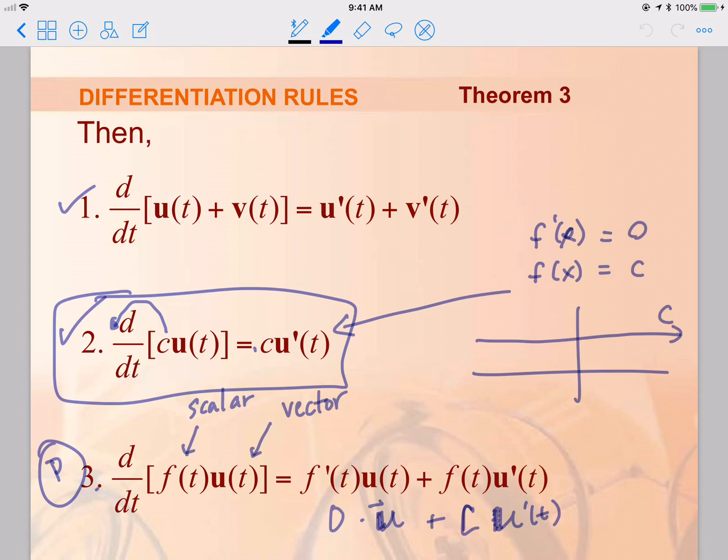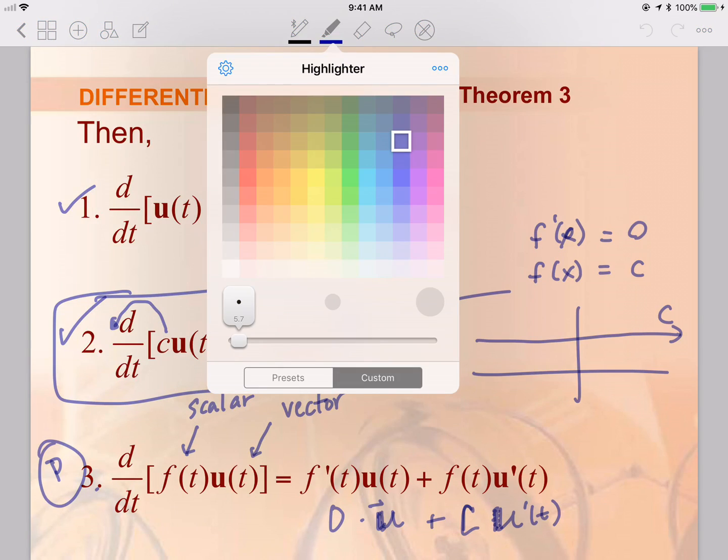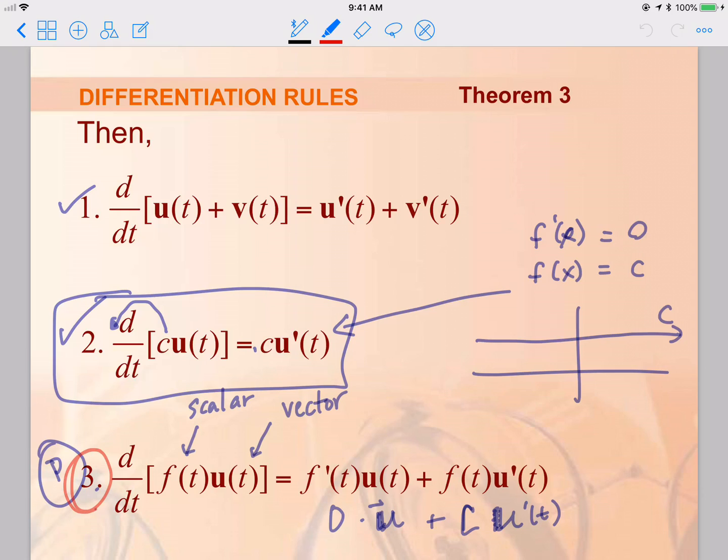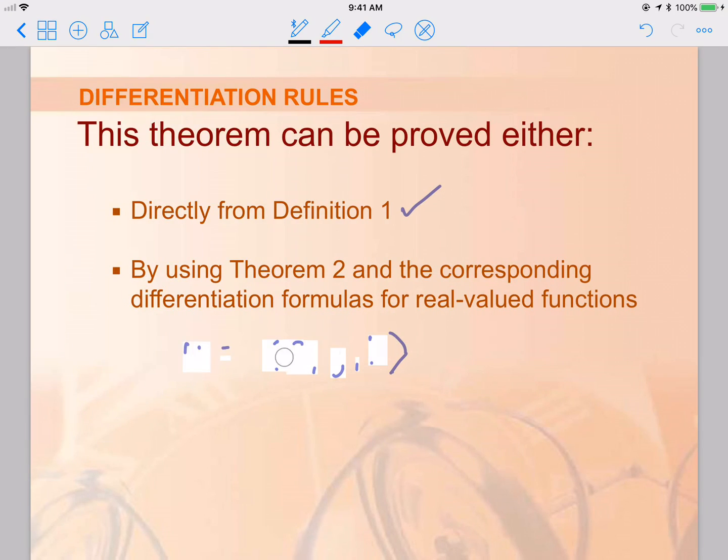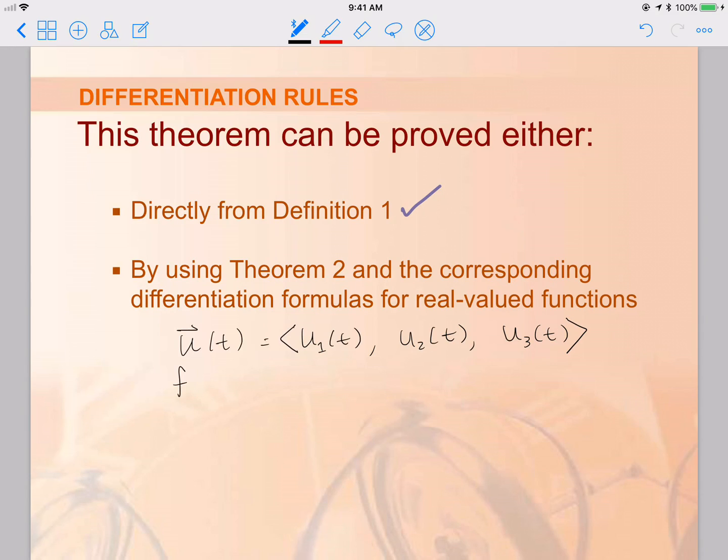So let's just show you with number 3 here. Imagine u of t. We'll have u1 of t, u2 of t, and u3 of t. And f of t is a scalar valued function.